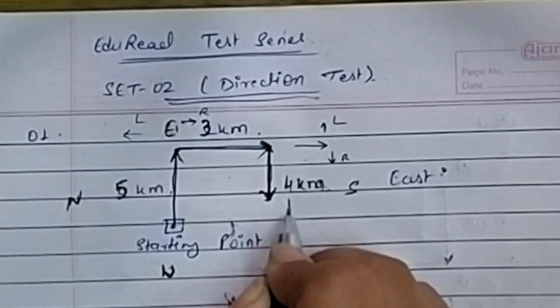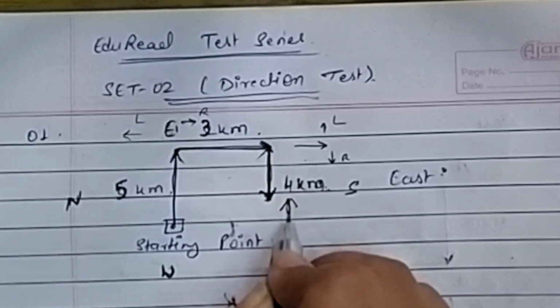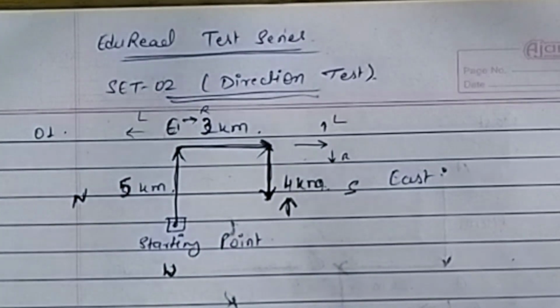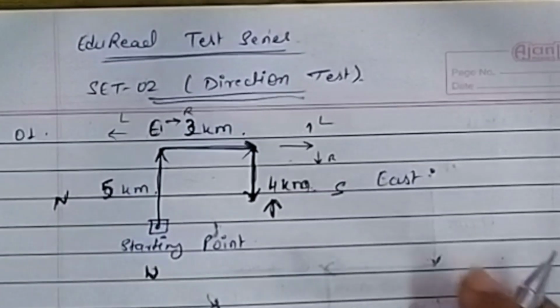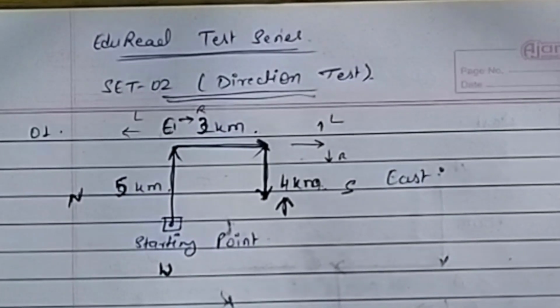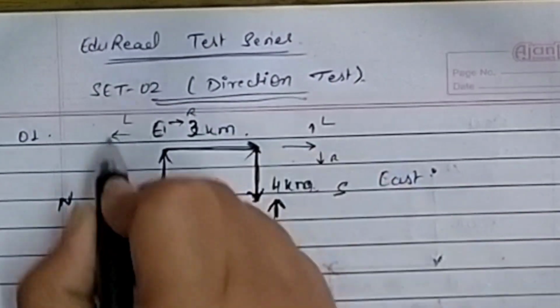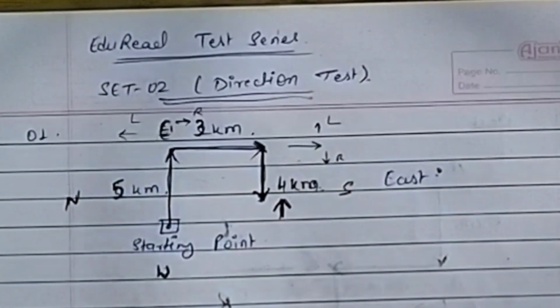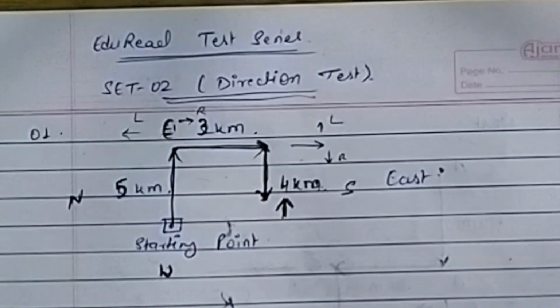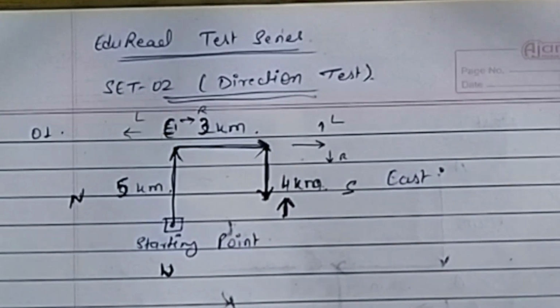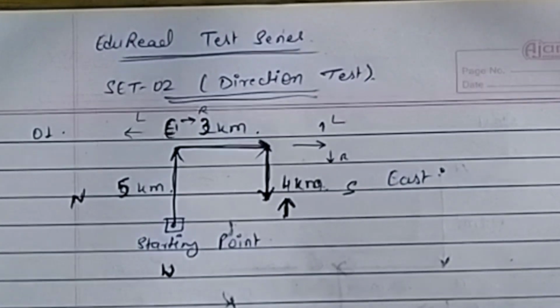That means he is facing now this upward direction. And now the question is asking which direction was he facing at that time. So hence we can say that after he turned back, he was facing east direction, because we have considered this upward direction as east. So he was facing east direction. Hence the answer for this question is east.